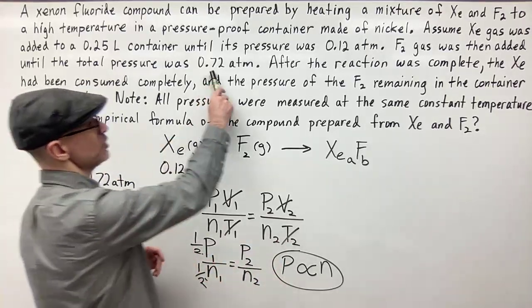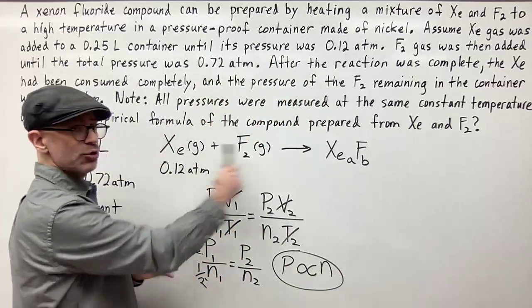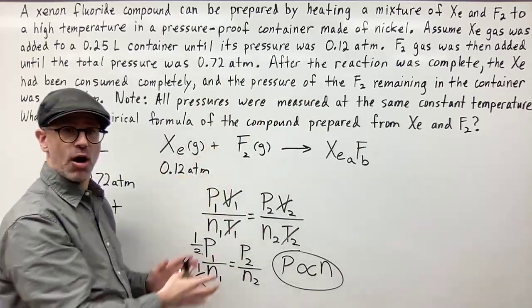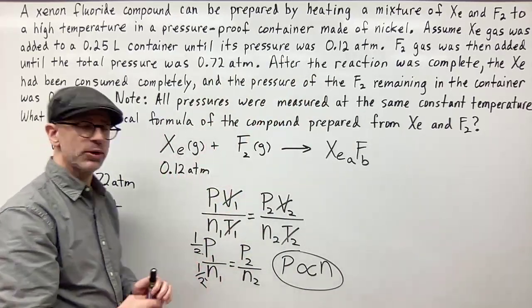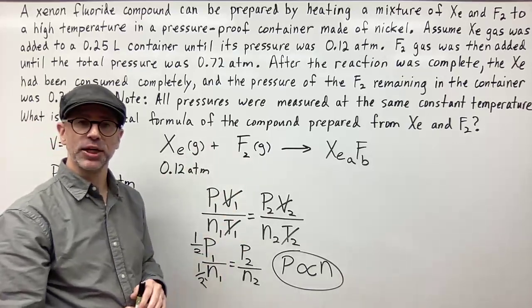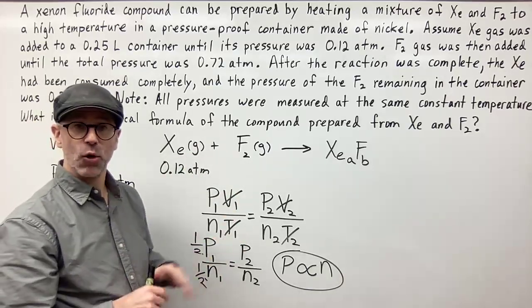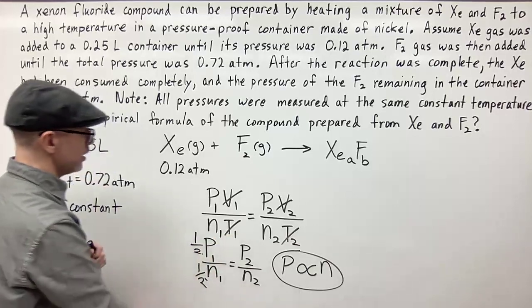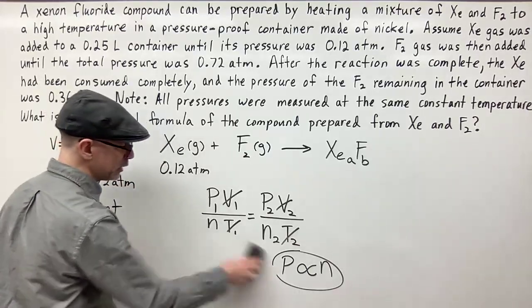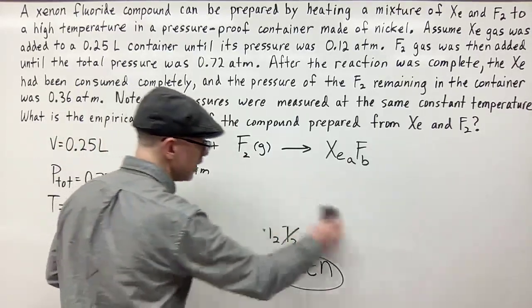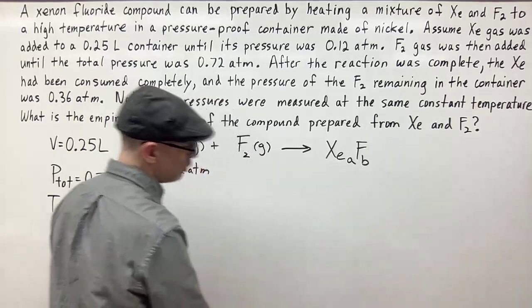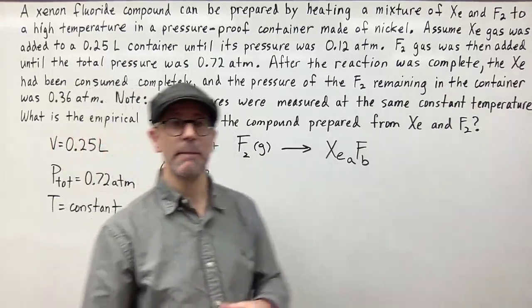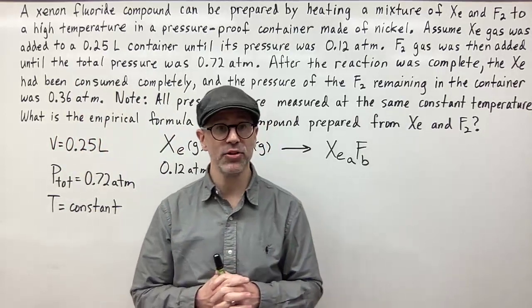So the atmospheres they give us, we can treat as moles and do our table. We can do a little stoichiometry table here and figure out what's going on. Hopefully that helps. So be on the lookout for situations like that that make your problem a lot easier.